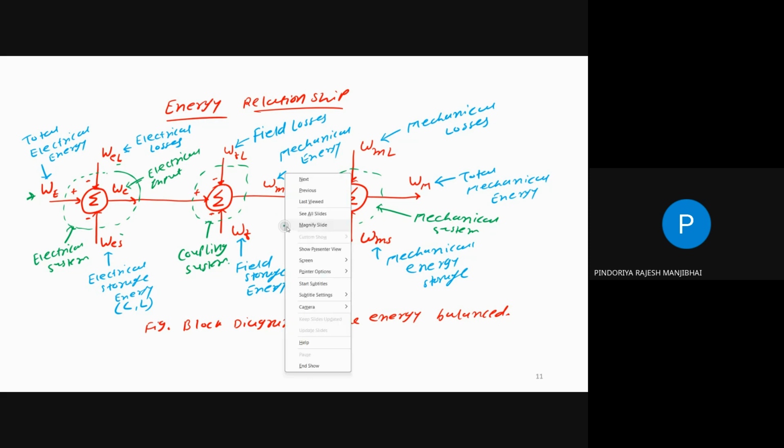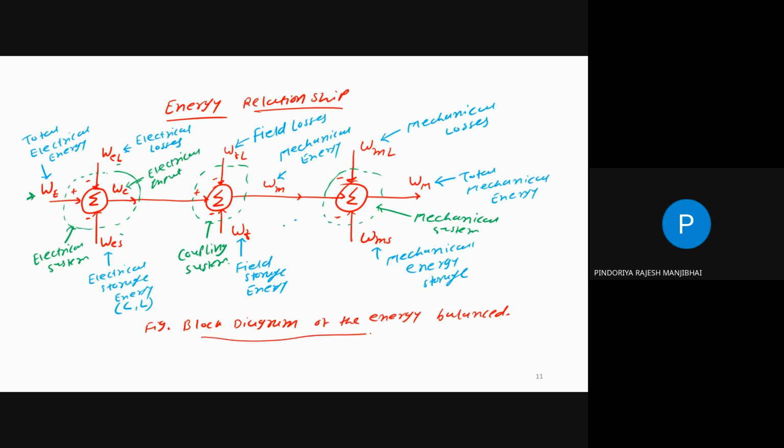So this is the basic energy relationship. We can see the block diagram of the energy balance system. We have an electrical system, we have a mechanical system, and in between we have a coupling, correct? So we can say it is an electromechanical coupling system.